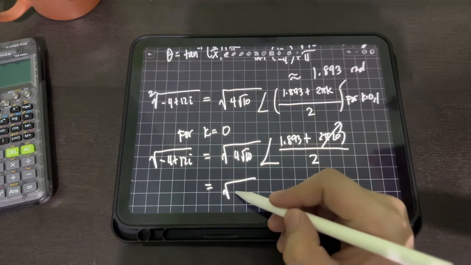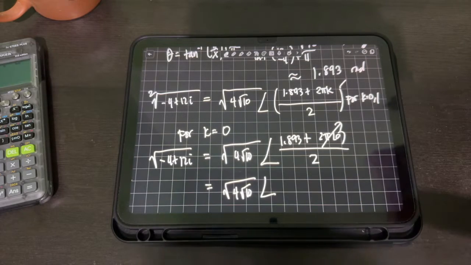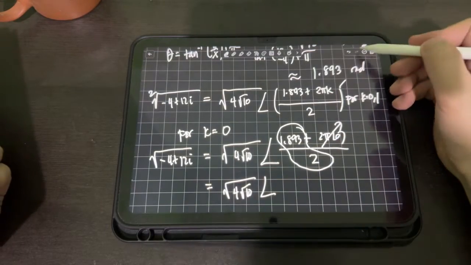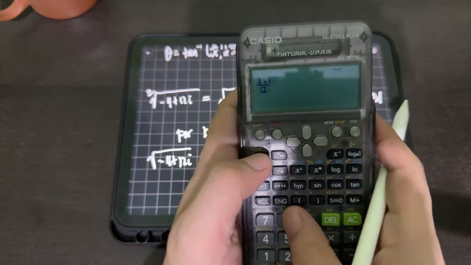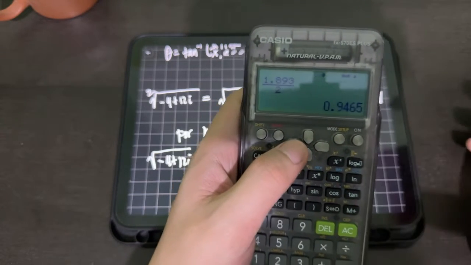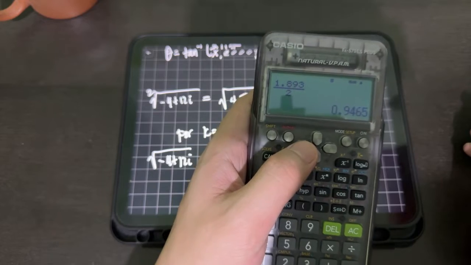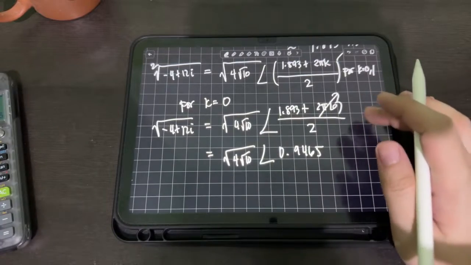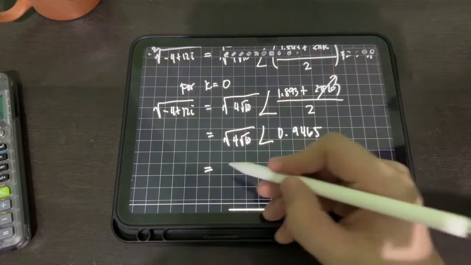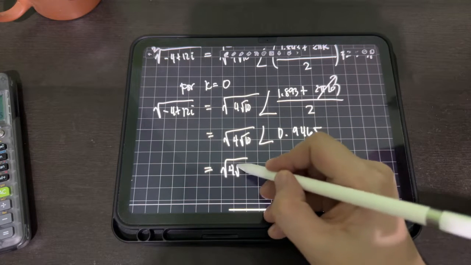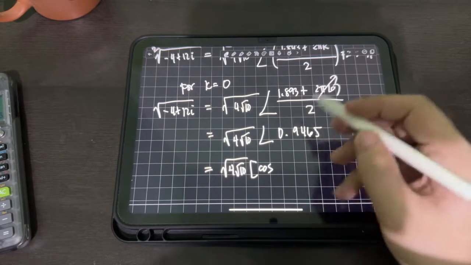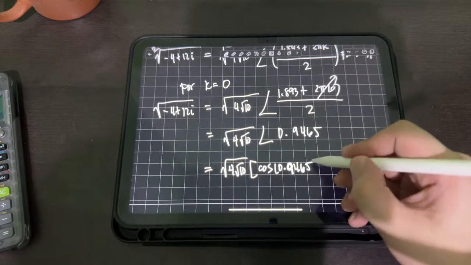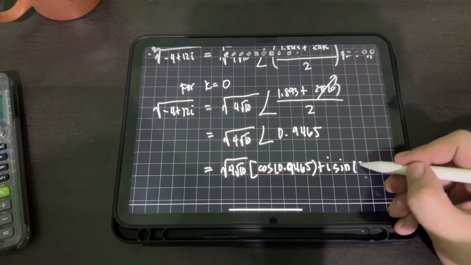So what you will have is just square root of 4 square root of 10, angle of 1.893 divided by 2, so that's 0.9465. You can also write this in polar trigonometric form. It is also equal to square root of 4 square root of 10 cosine of this theta, 0.9465, plus i sine of the same theta, 0.9465.